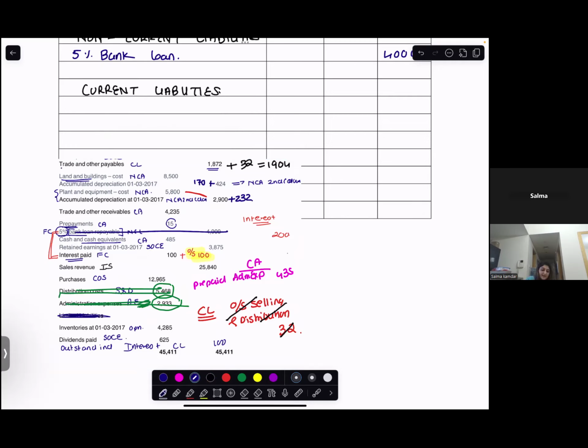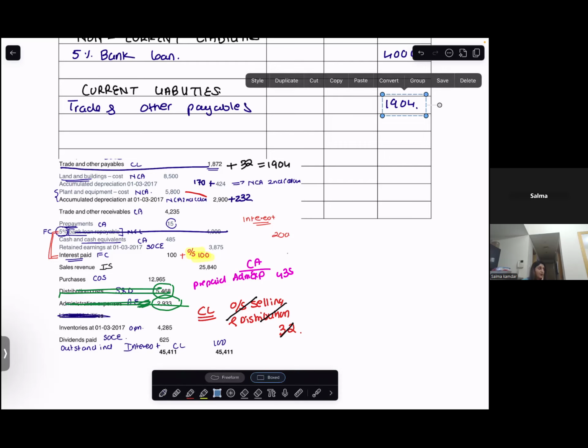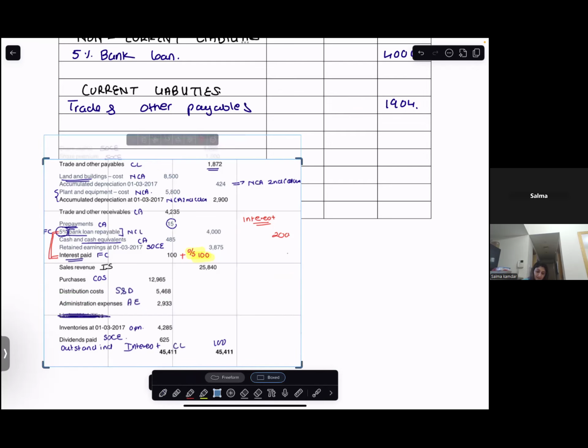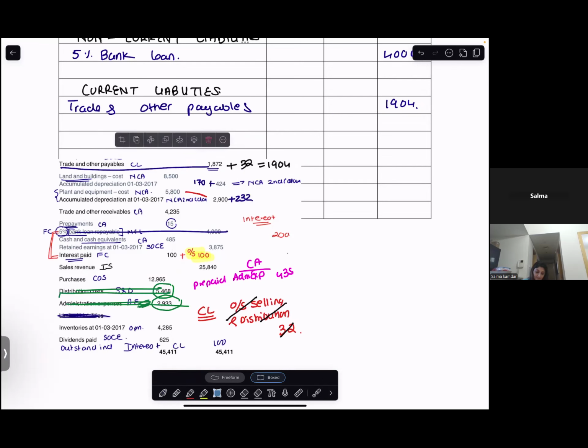What's the current liability that I have? Trade and other payables, 1904. I don't know if there is more or no. So there are no other payables. So I'm putting this directly in the last column. I hope you're with me. So when it's done, I crop it.